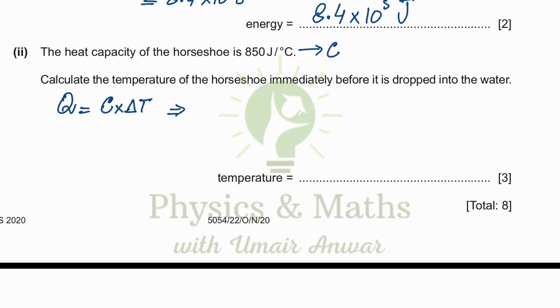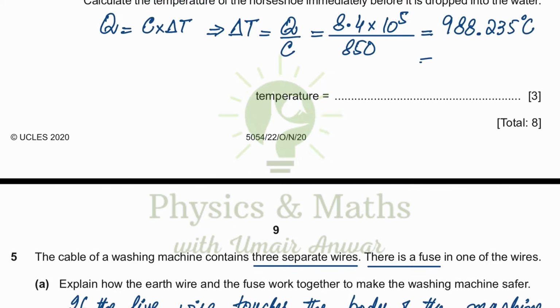Now, the change in temperature would be equal to heat energy transferred divided by capital C. The heat energy transferred by the horseshoe, or the heat energy received by the water, is 8.4 into 10 raised to 5. The energy which was lost by the horseshoe was gained by the water, and it would be divided by the value of heat capacity. Now, if we round off this answer, this would become 988 degrees centigrade here.